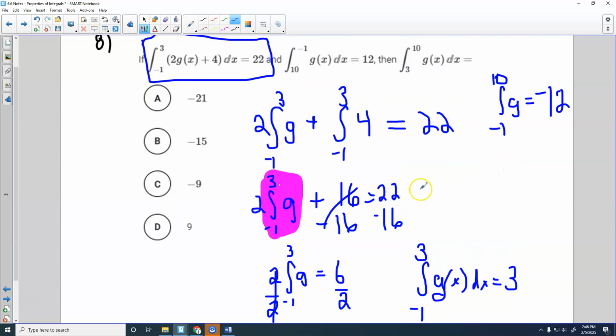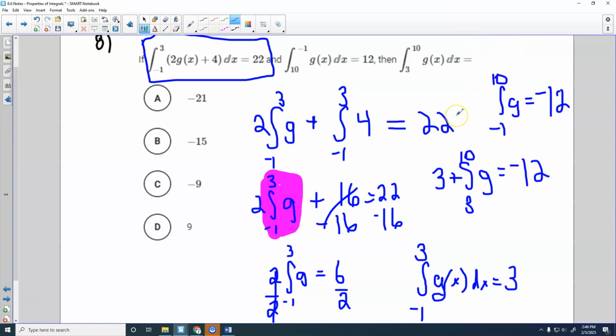So that tells me if I do the integral from -1 to 3, which is 3, plus the integral from 3 to 10 of g, which I don't know, but that's what I'm trying to find, if I add those two together, that should give me -12, which will be the value on that entire interval.